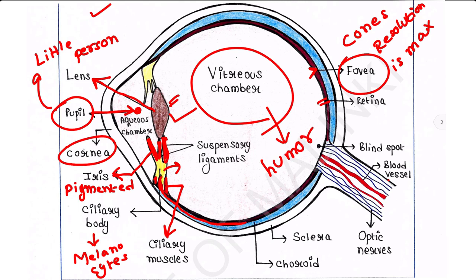And the space between the cornea and the lens is called the aqueous chamber, and it contains a thin watery fluid called aqueous humor.